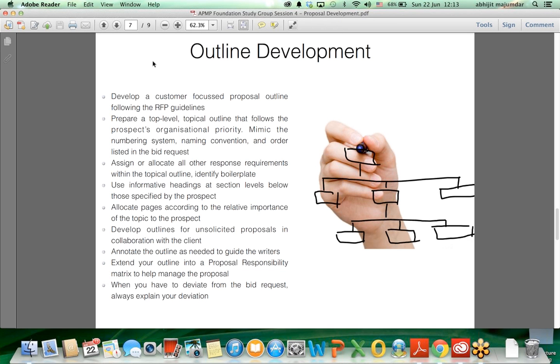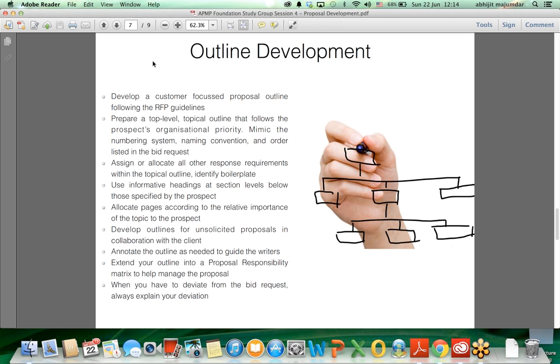Your focus should be based on the guidelines provided in the RFP. Don't try to innovate if the RFP document has already given you a proposal outline. You can do the innovation at a bottom level, but not at the level of the proposal outline.